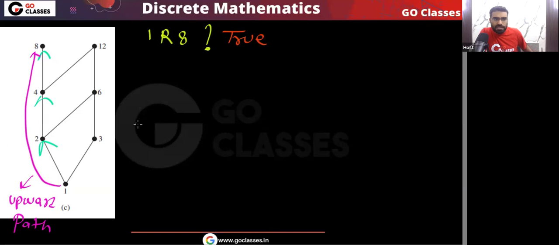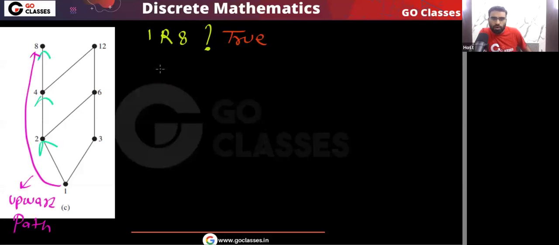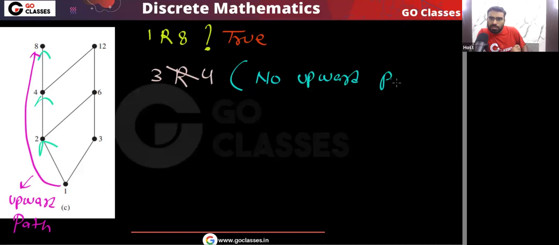Similarly, can I say 3 is related to 4? 3 is not related to 4, because there is no upward path from 3 to 4.